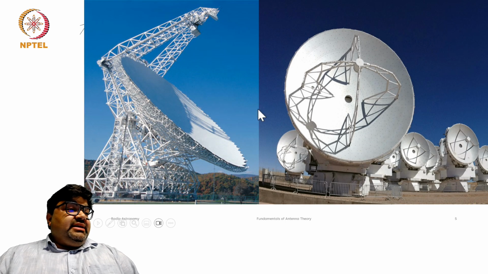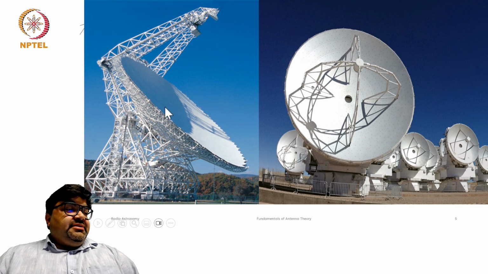So on the left hand side you can see the picture of the Green Bank radio telescope. It's 100 meters in diameter, and all the rays typically come from the sky.